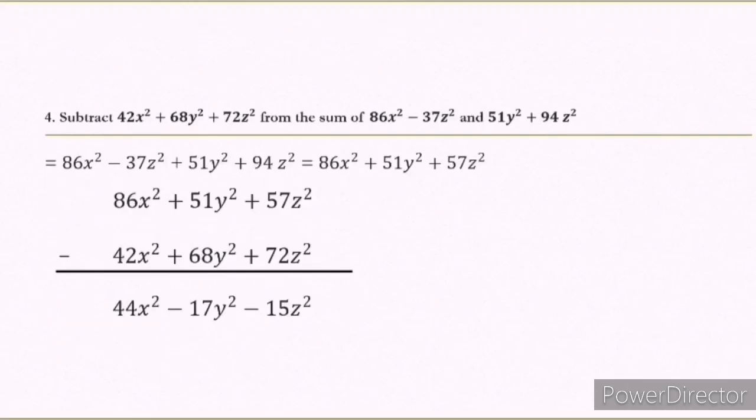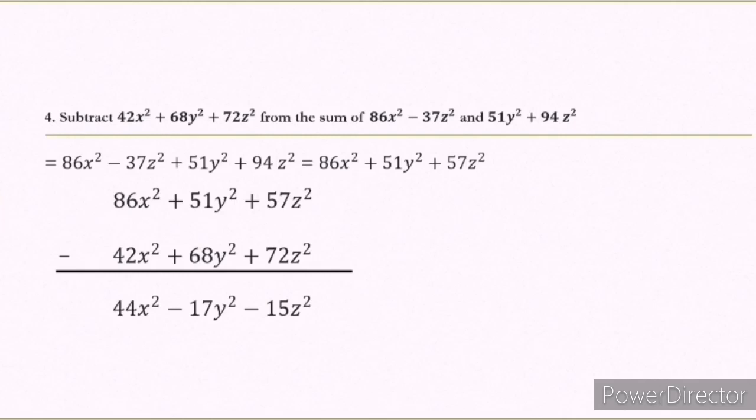The number 4 problem is: subtract 42x squared plus 68y squared plus 72z squared from the sum of 86x squared minus 37z squared and 51y squared plus 94z squared. Then we calculate the 86x squared minus 37z squared plus 51y squared plus 94z squared.